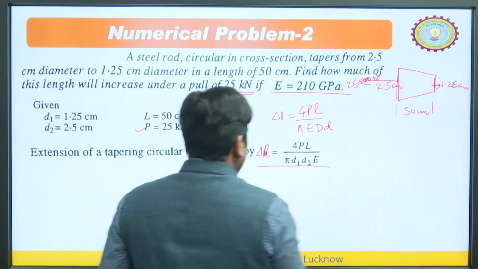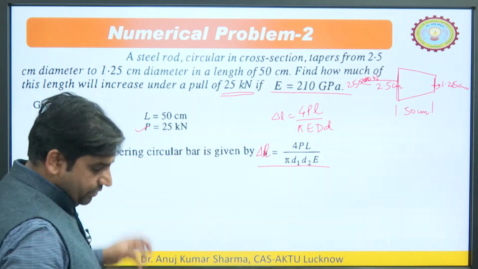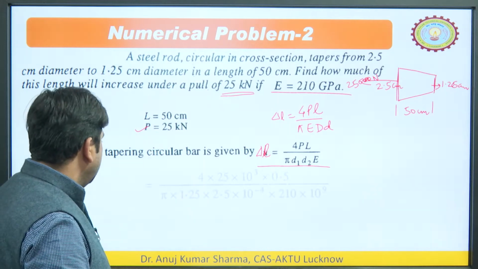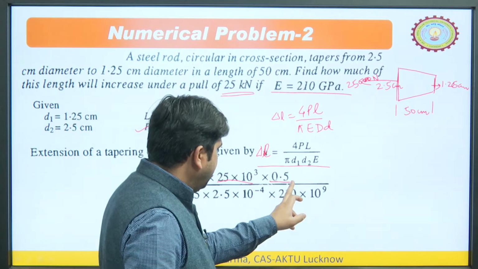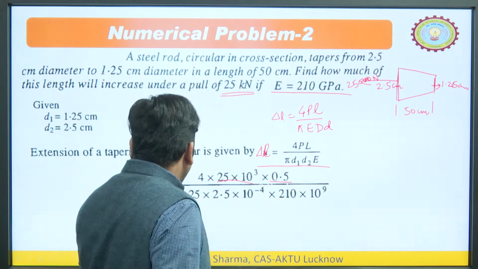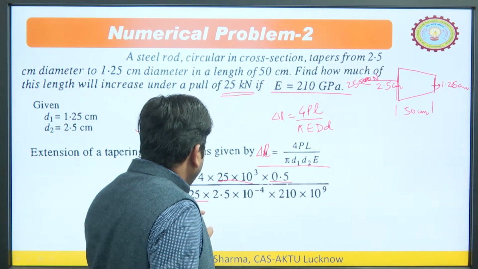So, this is the formula, just put all these things, everything is given to us. So, you can easily solve this. So, put 4, this is P, this is L, the length of the rod is given, pi, this is E, pi d1 d2.